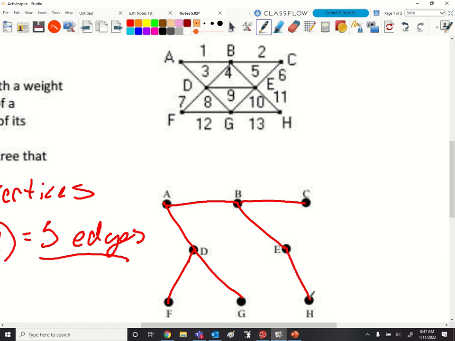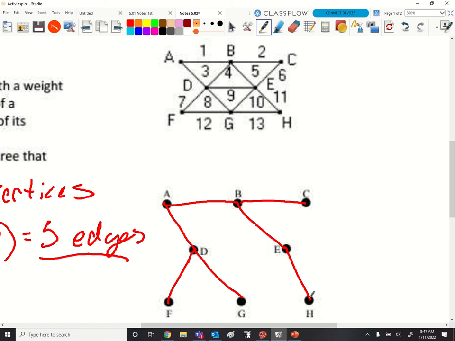Does that connect everything? They're all connected, right? So I can go from F all the way to H with no problem? Any circuits? No. No circuits. So let's see, what would my path be then?